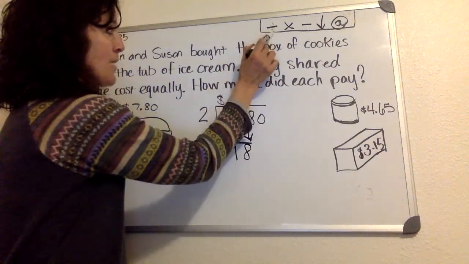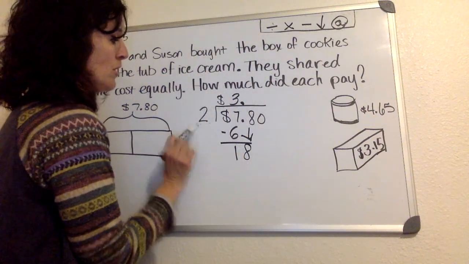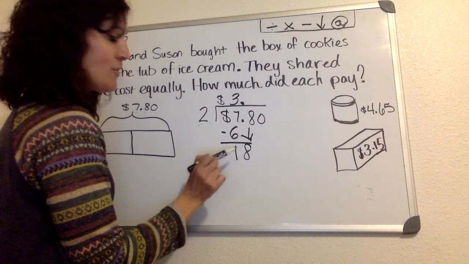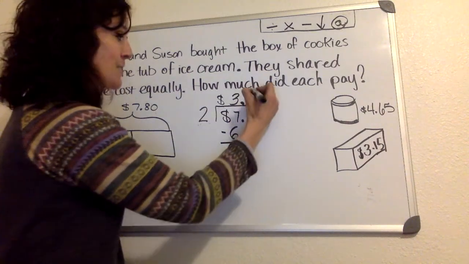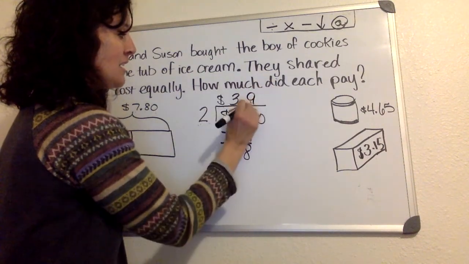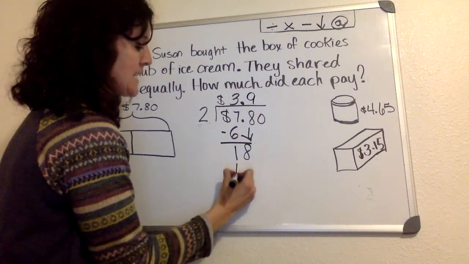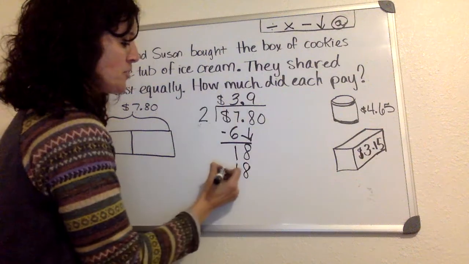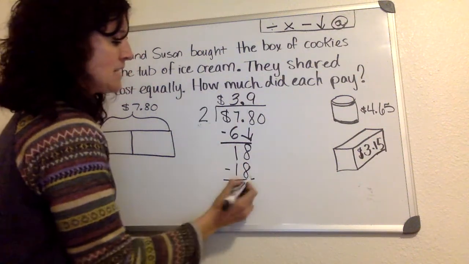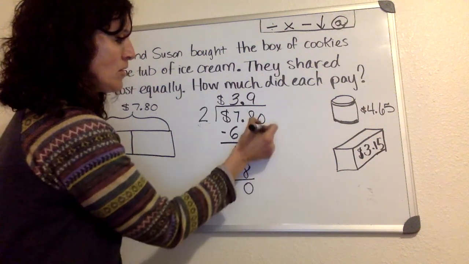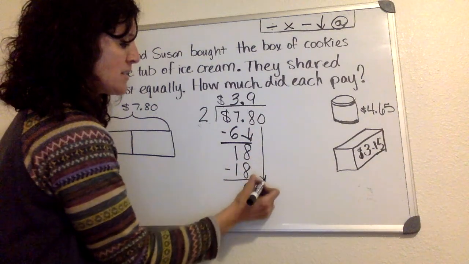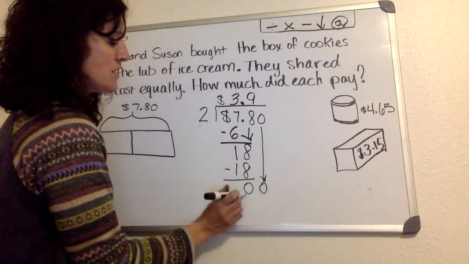Repeat, starting with my division. 2 goes into 18. How many times? 9 times. 9 times 2 is 18. Subtract. 18 minus 18 is 0. Bring down my 0. 2 goes into 0.